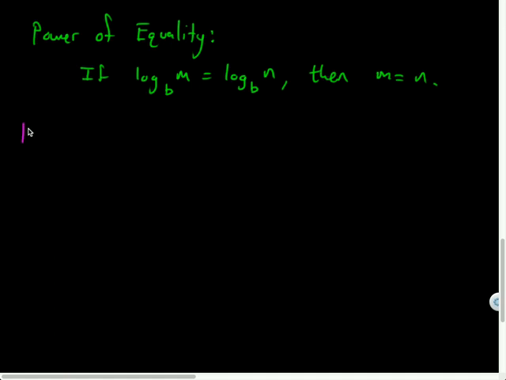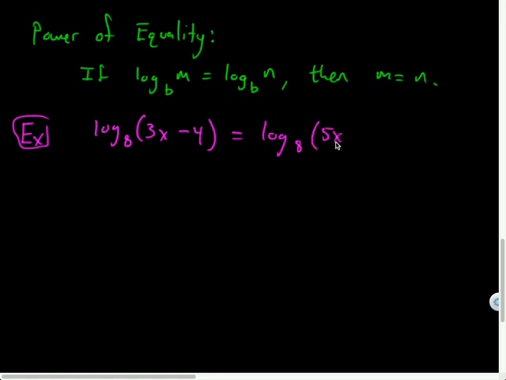So let's do an example of that. Let's say log base 8 of 3x minus 4 is equal to log base 8 of 5x plus 2. Then what would be true?